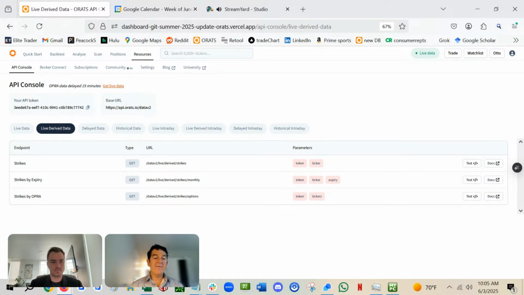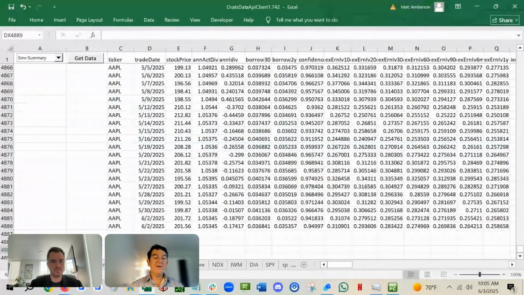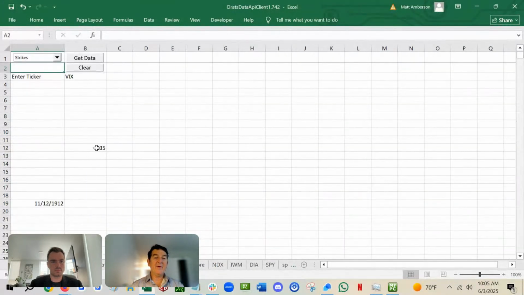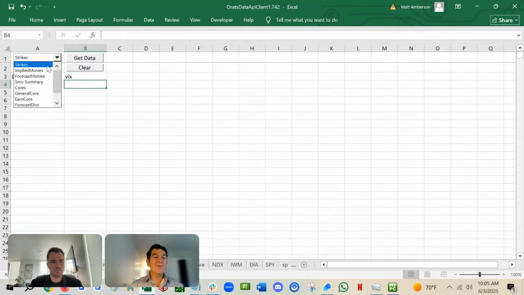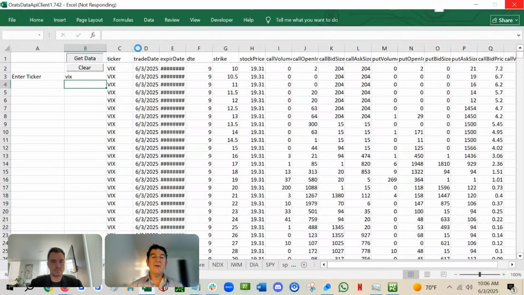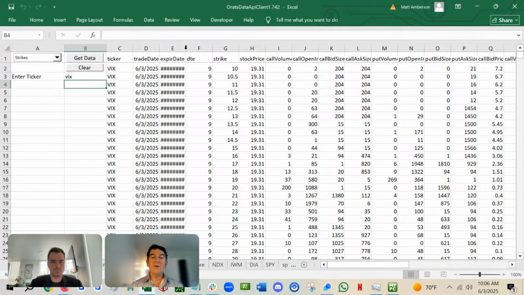Yeah, and I'm a VBA guy, but I have an Excel sheet that might help to show the types of things that we have. So actually, VIX might be good to do. So you saw different things on there. There's a strikes endpoint that gives you all of the options with the Greeks and the implied volatilities and the volume and all of that.